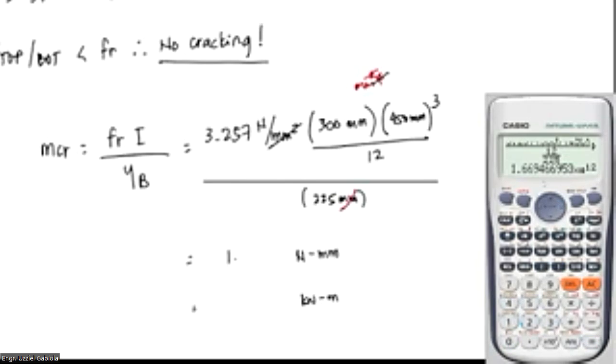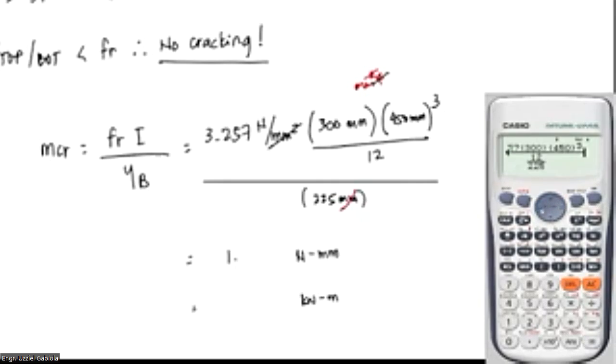We have 1.669. Okay, so let me check if our calculation is correct. 450 cubed over 12. Okay, what happened?